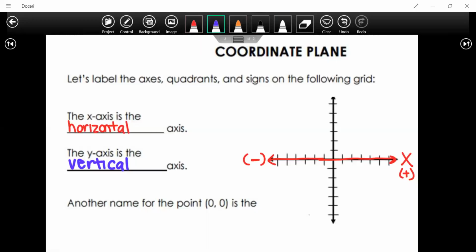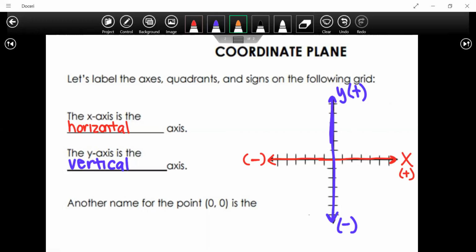We talk about up and down. This is our y-axis. The higher you go, the more positive you get. The less you go, the more down you become. Whatever works for you, whatever acronym or words you want to use.